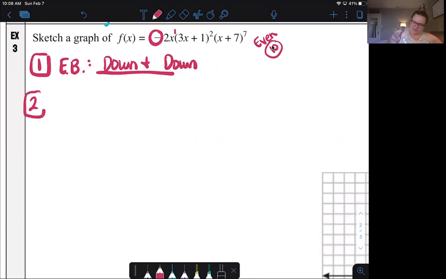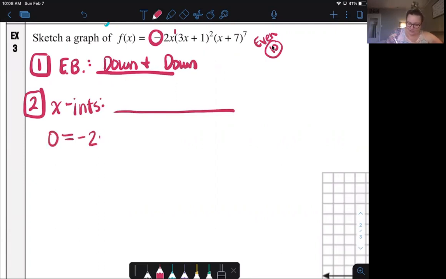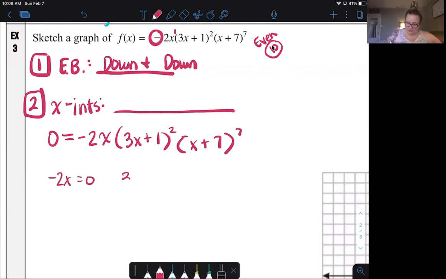Number 2, for our x-intercepts. Now, the nice thing about this problem is that it was already factored for us. So I'm going to plug in 0 for y, of course. Then I'm going to take each factor and set them equal to 0. So negative 2x equals 0, 3x plus 1 equals 0, and x plus 7 equals 0.